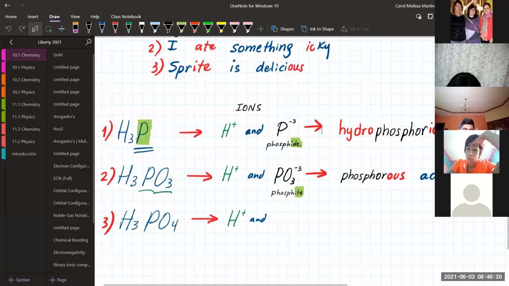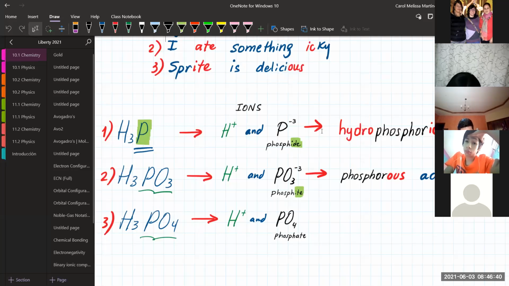And what about the number 3? What ion is that? That is PO4. What is its name? It is phosphate. And what is the charge of phosphate? -3, also -3. So it ends in ATE. Therefore, what is the mnemonic that you're going to follow?